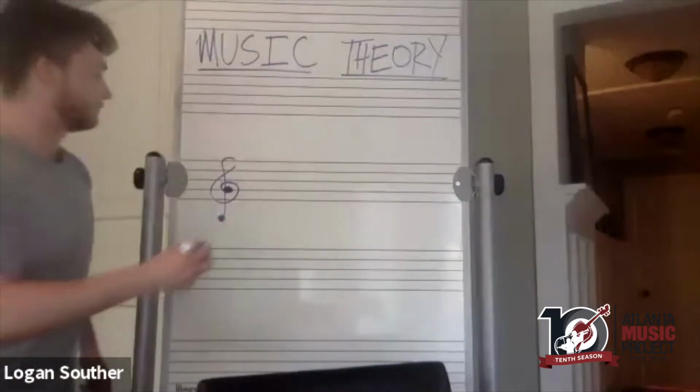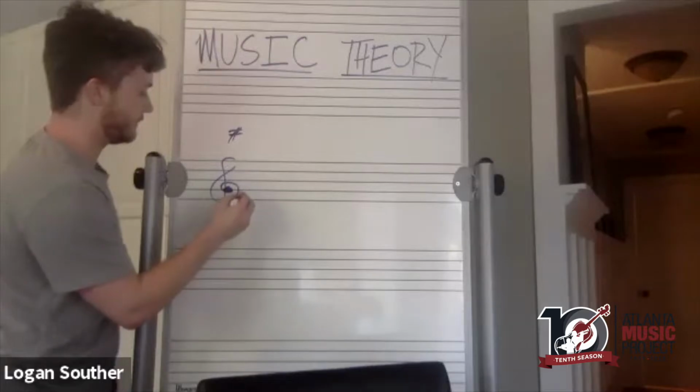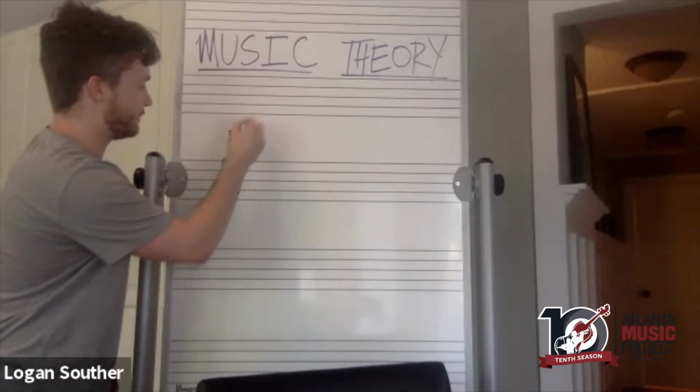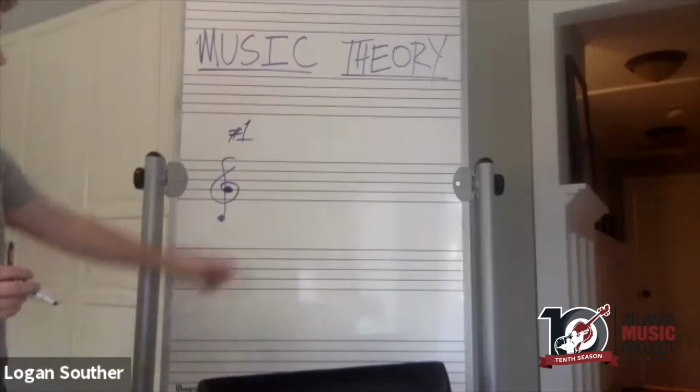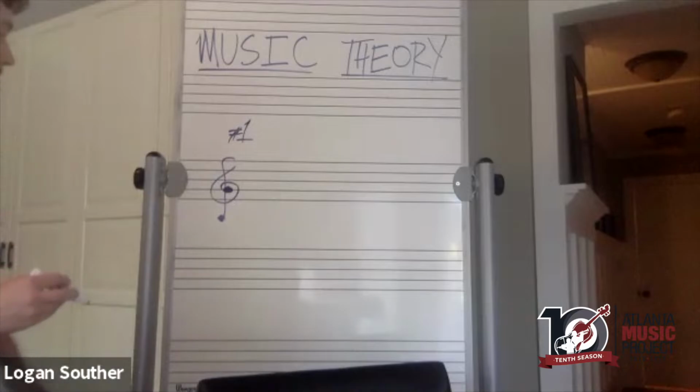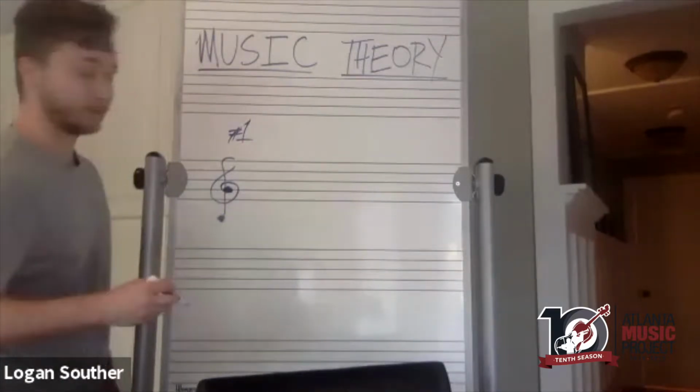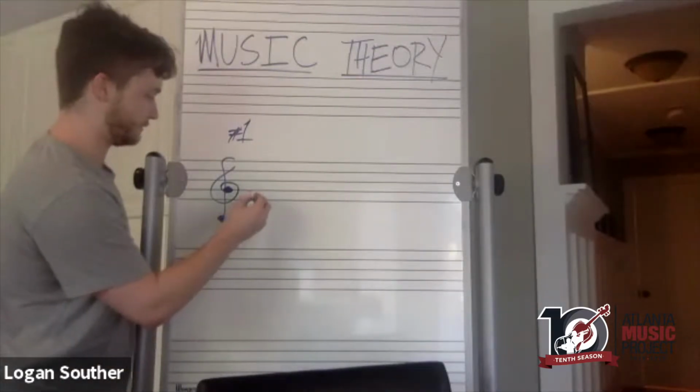All right, so on your staff paper, if you have it, or on your regular paper, you can number out. Give yourself a few blanks, and we're going to name the notes on the board. I'll start off with an easy one, the first one in the acronym.